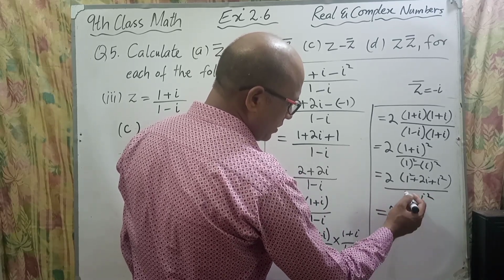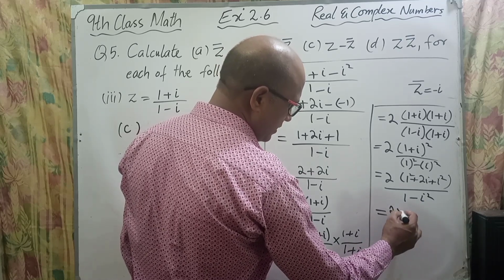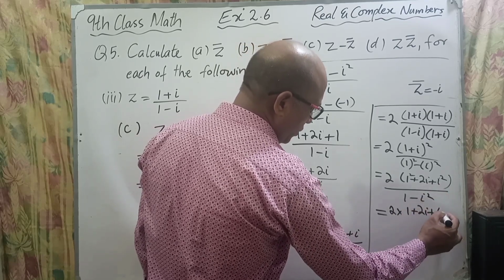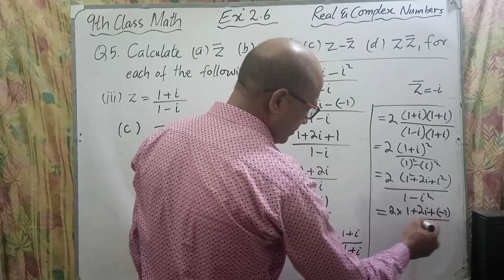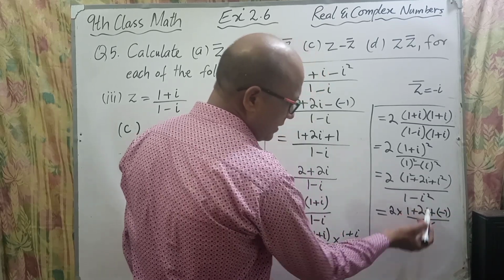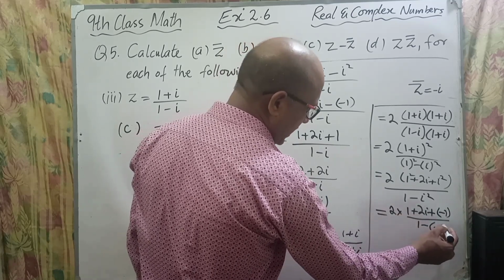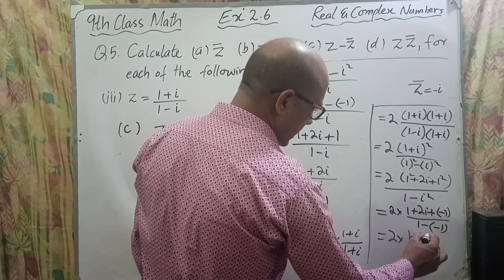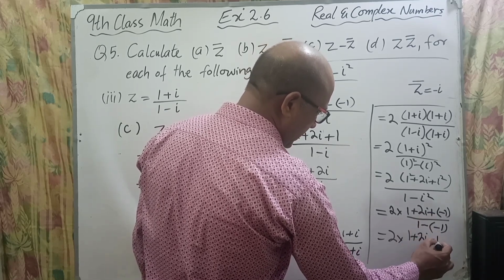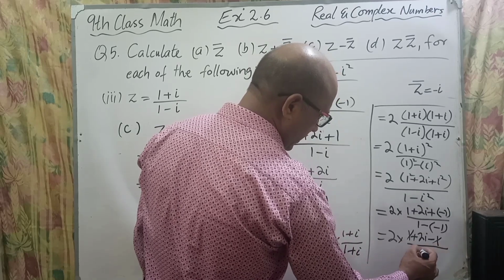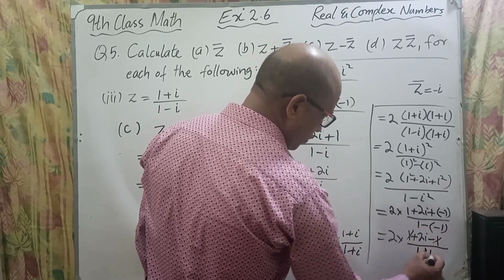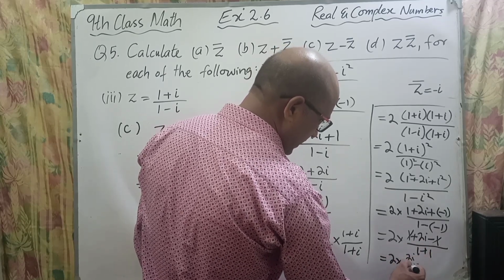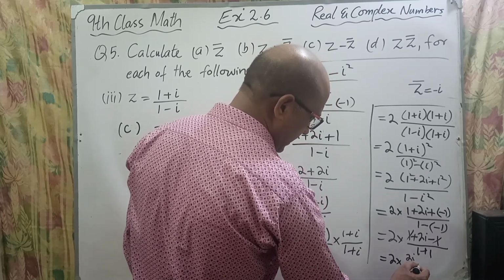2 into, here students will get square of 1 is 1 plus 2 iota plus, in place of iota square we'll write minus 1, over 1 minus, in place of iota square again we'll write minus 1. 2 multiplied by 1 plus 2 iota plus minus 1, these two will be cancelled, over 1 minus plus 1, these two will be added, we'll get 2 iota in the numerator and 2 in the denominator.